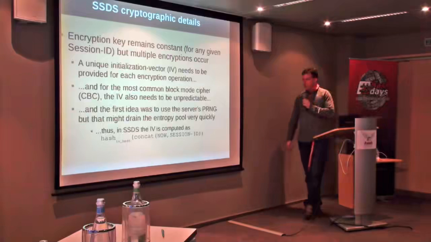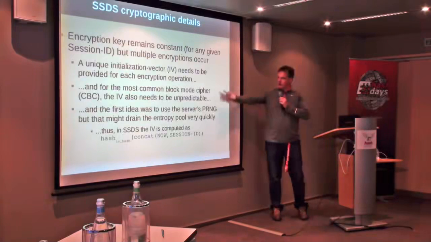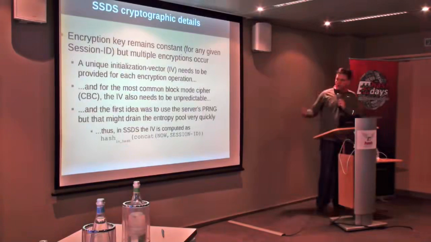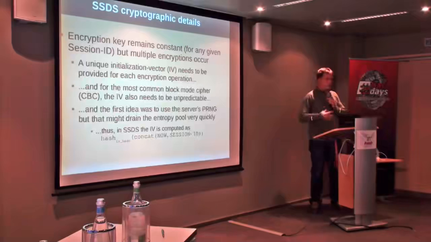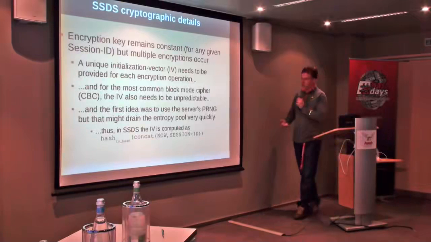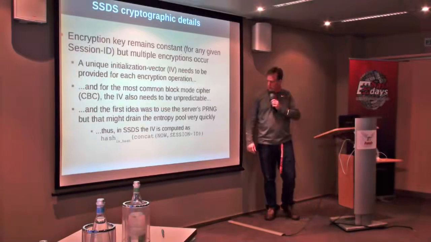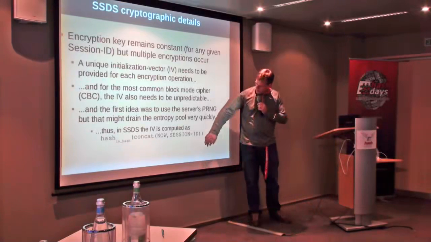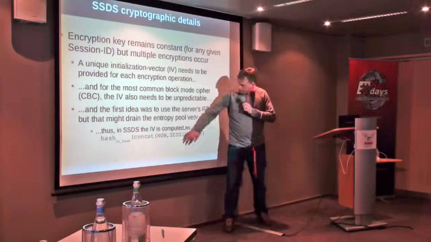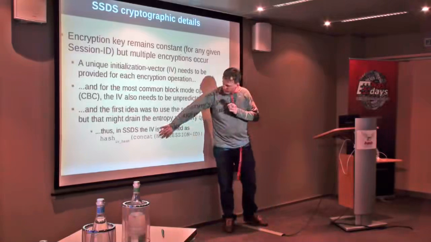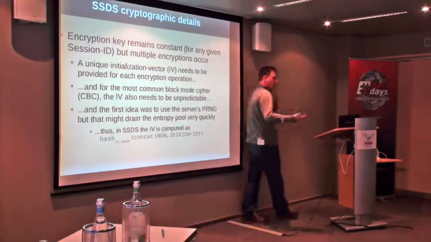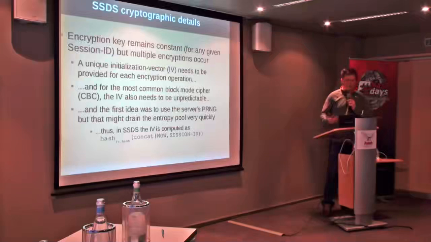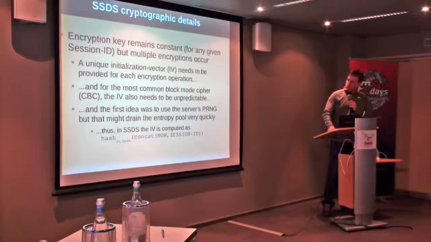So you can just generate this initialization vector randomly. Of course, then the server at some point will have problems generating random numbers; the entropy pool is probably going to be empty real quick. So what this concept does is take the session ID, concatenate the current timestamp, and then hash that. That's an unpredictable and unique initialization vector that's then used for encryption.